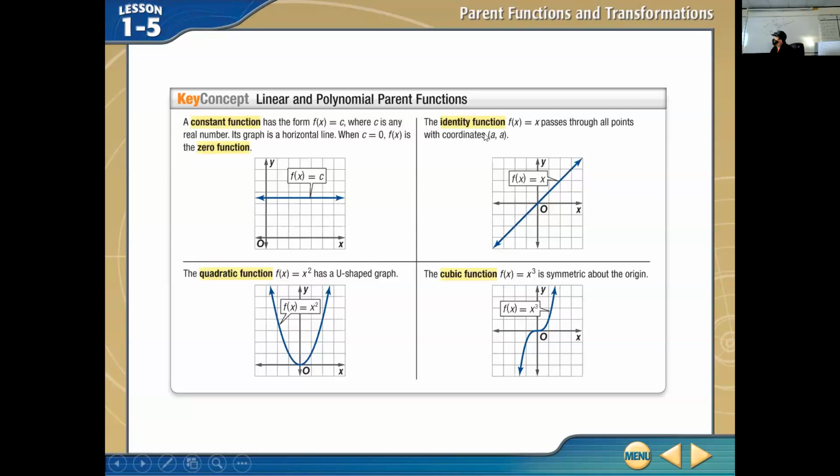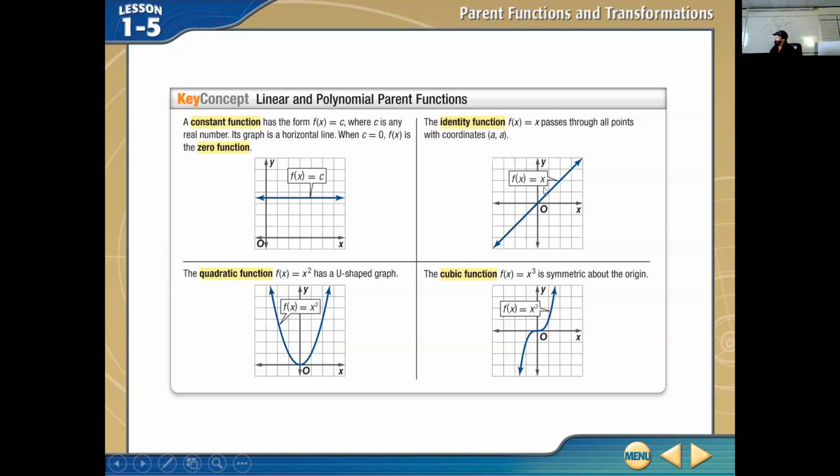The identity function, it sets up all of your linear functions. The identity function f of x is equal to x and passes through all points with the coordinates a, a. So like 1, 1, 2, 2, 3, 3, 4, 4 is what that back part's saying. This is the parent function for all of your linears. So you can see we have a slope of 1, and we don't have any vertical translation.